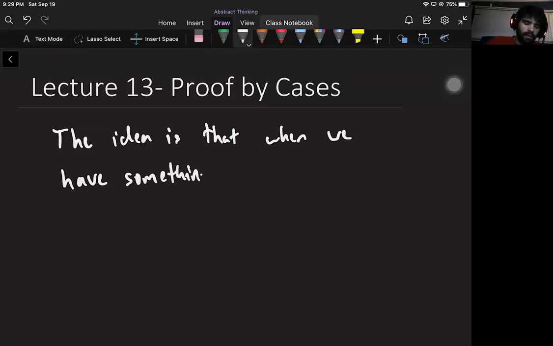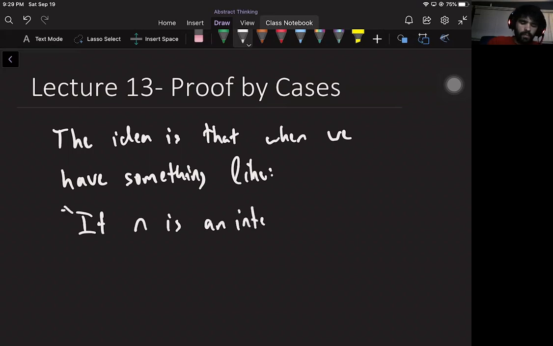So when we have something like, think of a statement like this. If n is an integer, then n squared plus n is even.